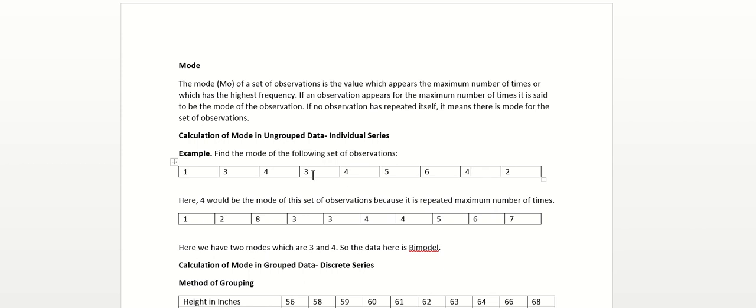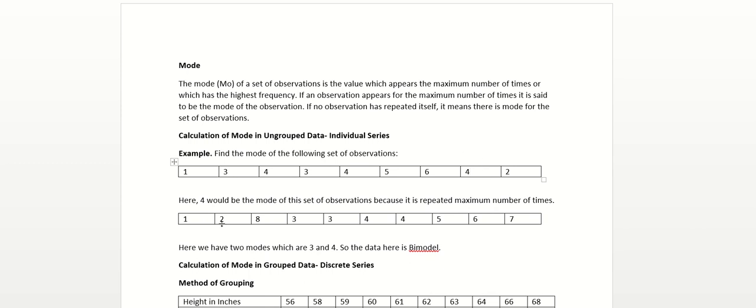So 3 has appeared 2 times and 4 has appeared 3 times. It means the mode of the data is 4, because 4 has appeared the maximum number of times. So any value in the data which has appeared the maximum number of times, we call it mode.